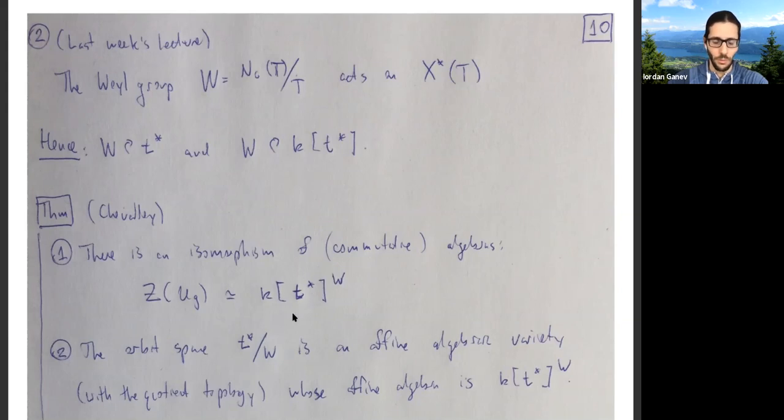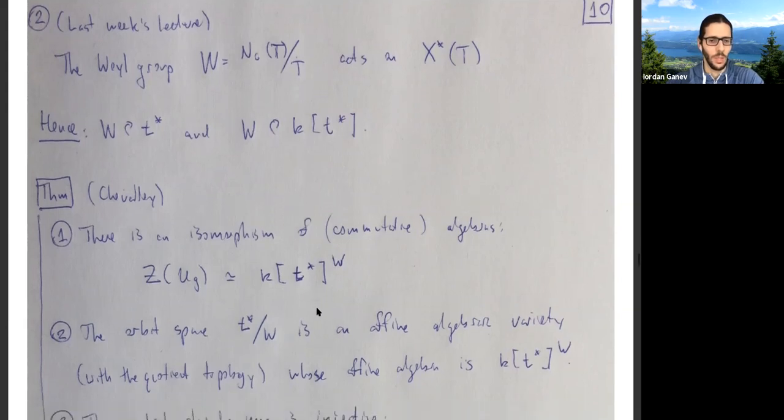If you consider the invariant vectors, that's a subalgebra, and that subalgebra is precisely the center of the universal enveloping algebra. That's what the first part of this theorem says.